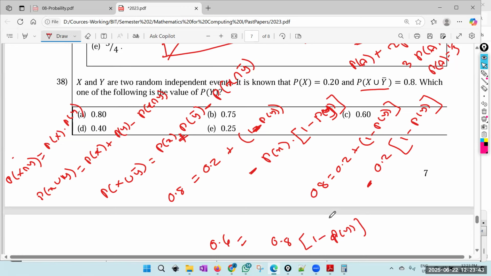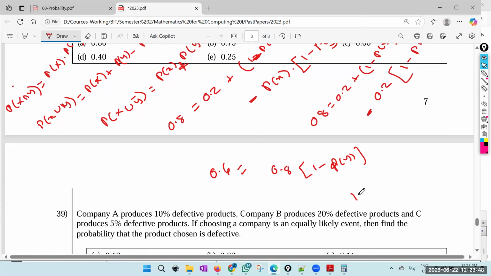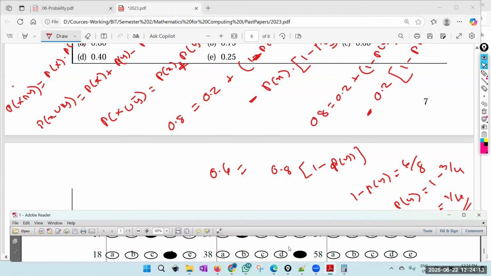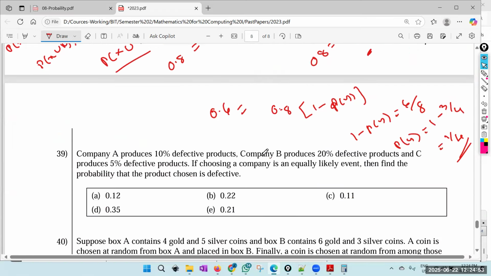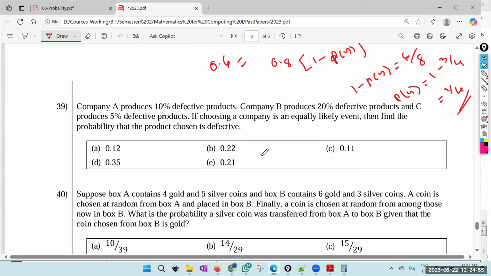So 1 minus P(Y) is 0.6 divided by 0.8, 6 divided by 8. Then P(Y) is 1 minus 3 divided by 4, which is 1 divided by 4. Yes, that is the answer, correct.